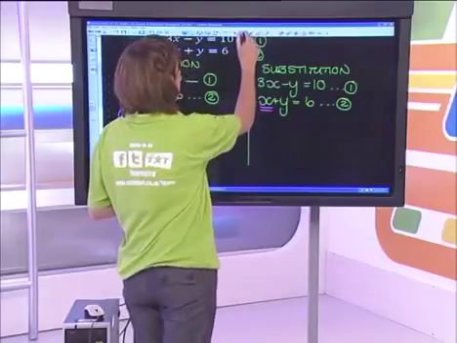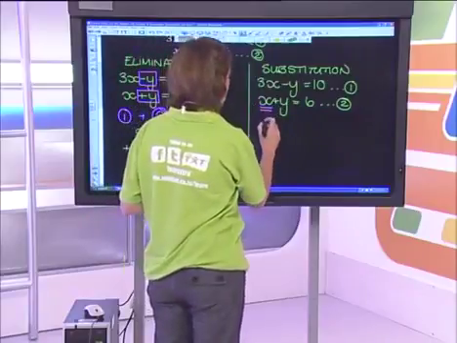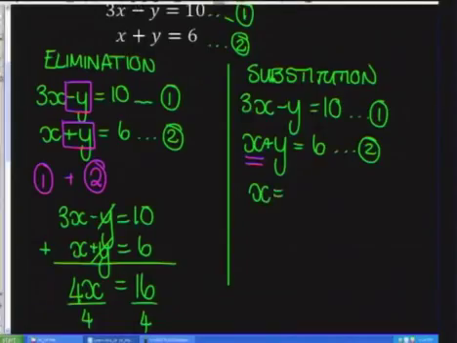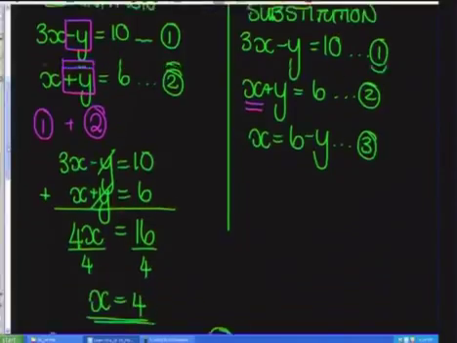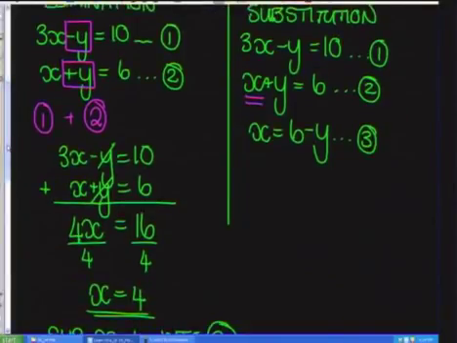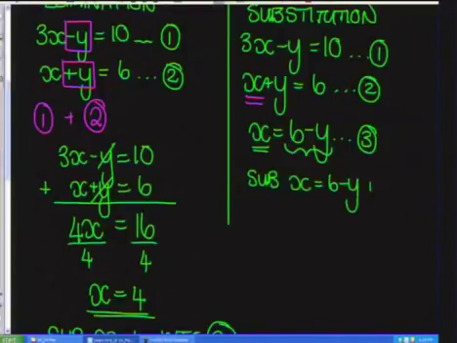So in order to do that, I'm going to say that x is equal to 6 minus y. And I'm going to call that equation 3 because I've now modified the equation. If x is equal to 6 minus y, then I'm going to substitute my x, which is 6 minus y, into the equation that we haven't used yet, equation 1.